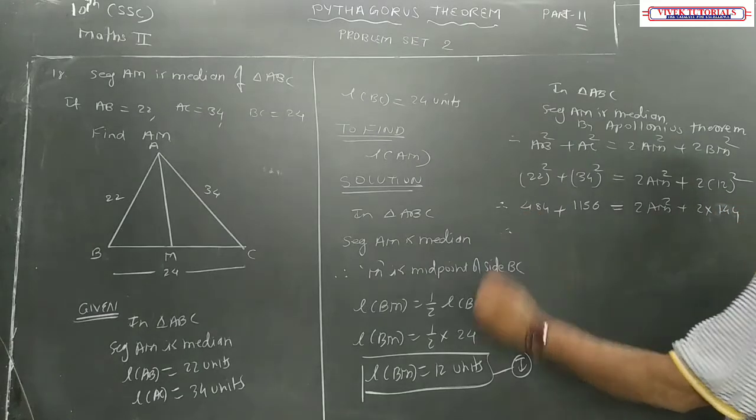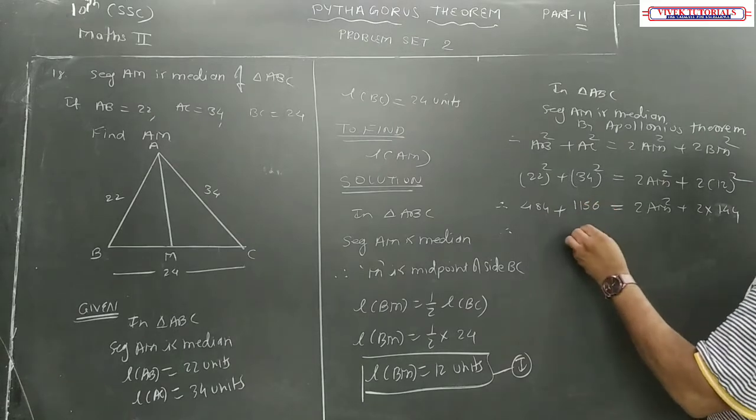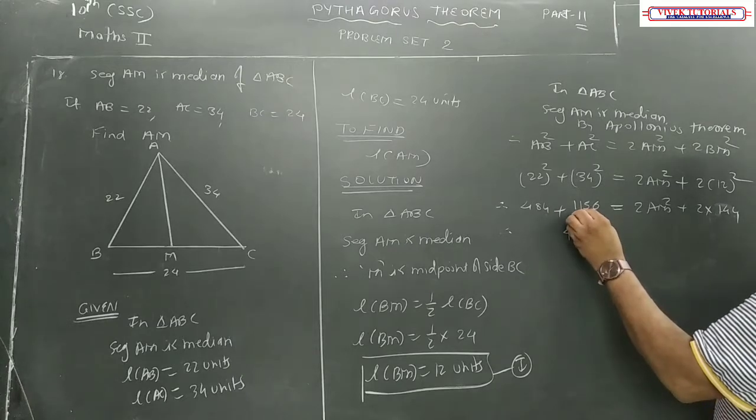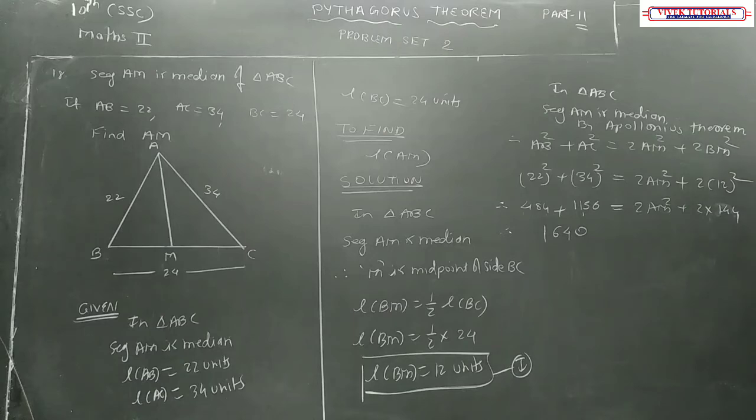Please, you should remember these values up to 30. 6 plus 4 is 10, 1, 4, 1 plus 6, 1, 6, 4, 0 is equal to 2AM square plus 288.